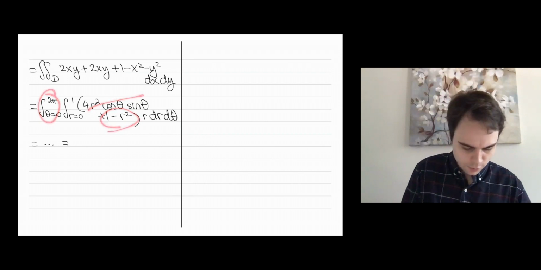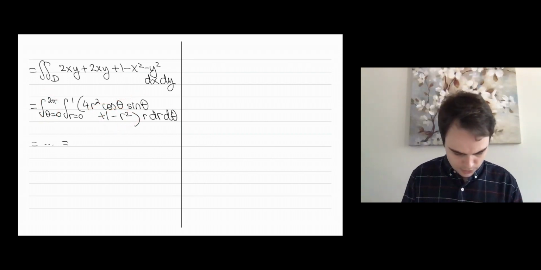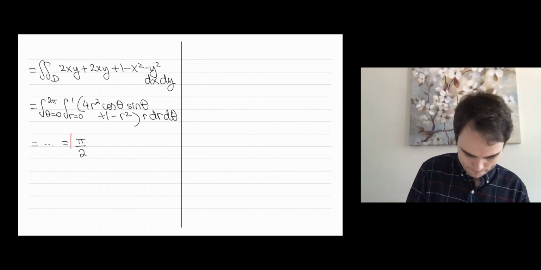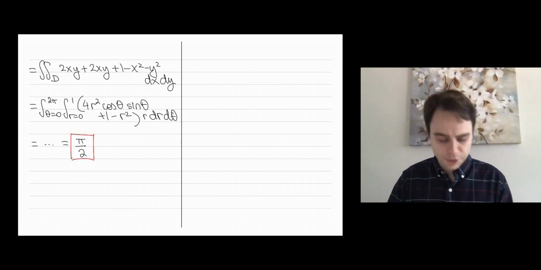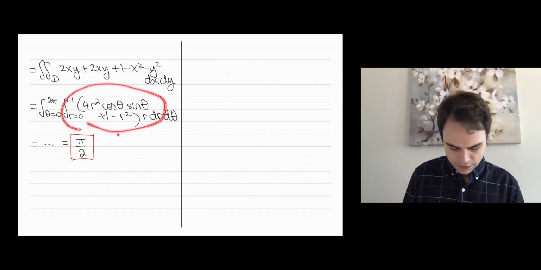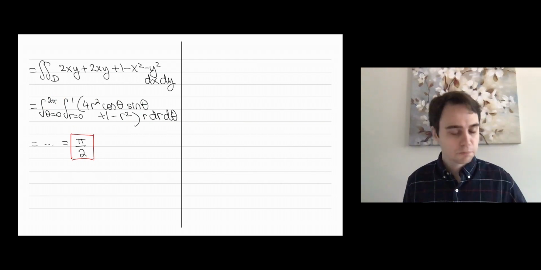And then this other part just gives us 2 pi over 2. And on the exam, please always box your answer. We're going to get some number out of the integral with respect to r, and in the end we'll multiply that number by 2 pi, and we'll get this.